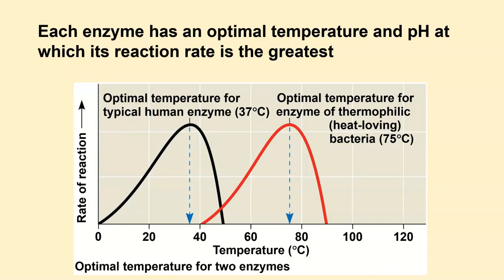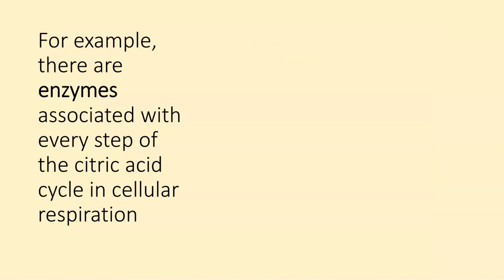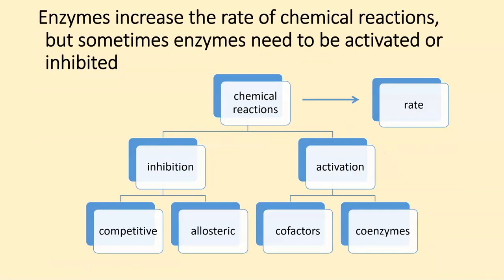So again, there are several factors that can affect the rate of the reaction that is catalyzed by an enzyme, including substrate concentration, enzyme concentration, and environmental factors such as temperature. Let's go back to this organizational chart to help us summarize some of the key points about enzymes and the types of enzymes that play roles in chemical reactions.